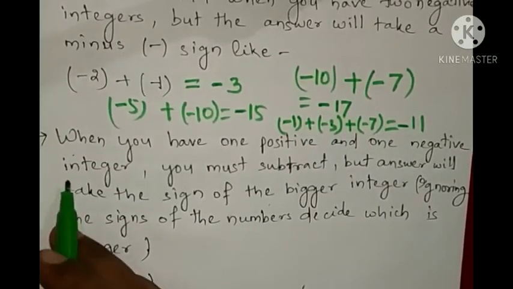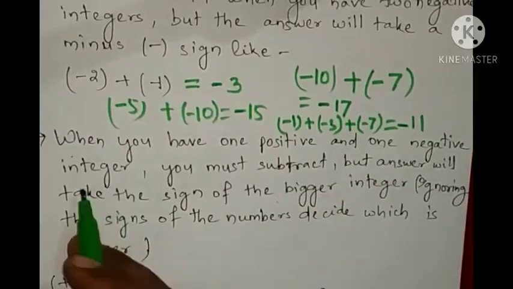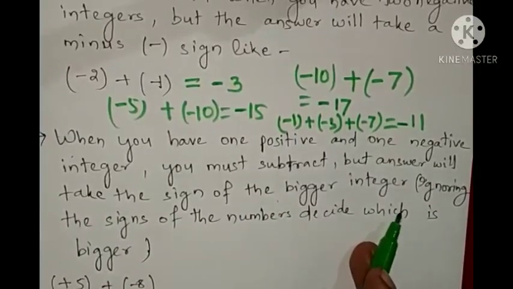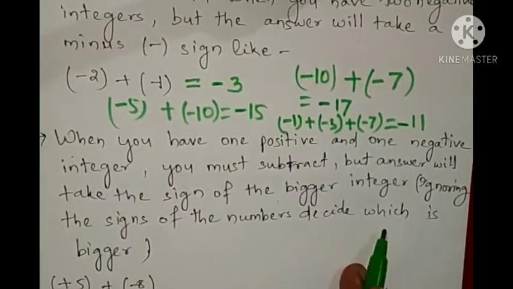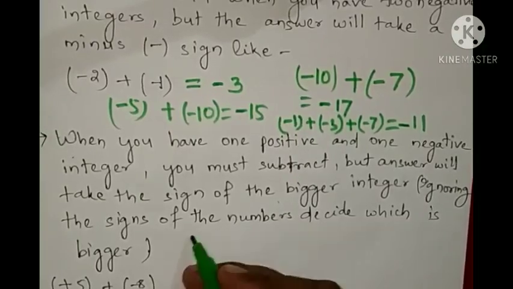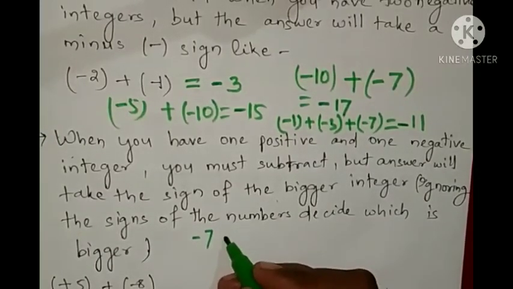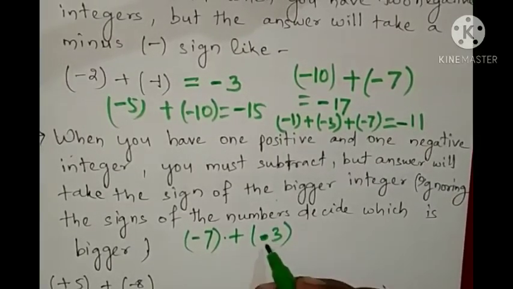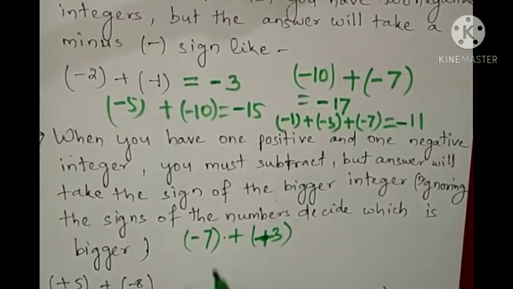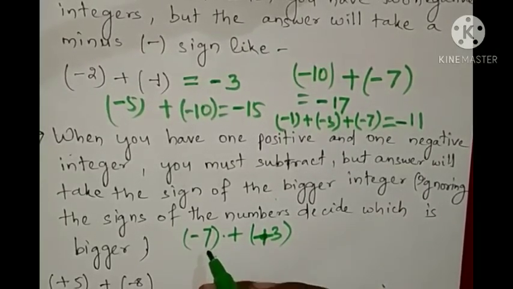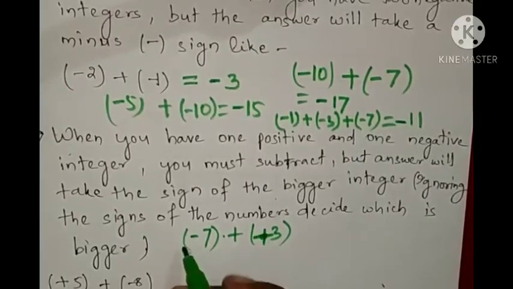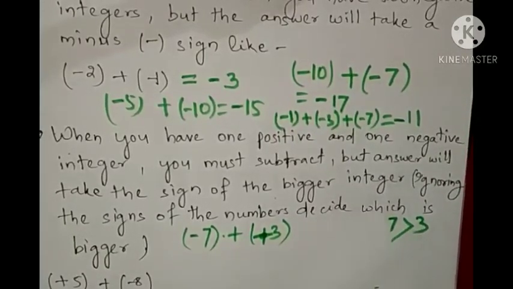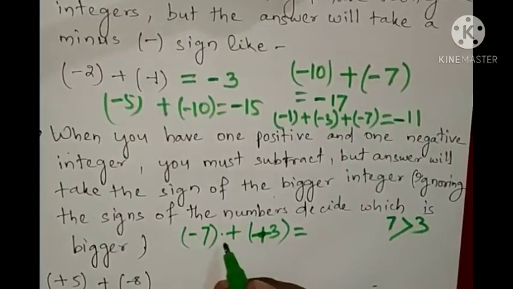Next, when you have one positive and one negative integer, you must subtract, but the answer will take the sign of the bigger integer. Ignoring the sign of the numbers, decide which is bigger. If minus 7 plus 3 is given, ignoring the sign, 7 is bigger.